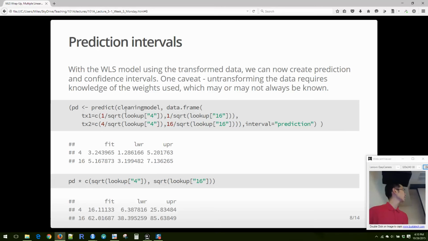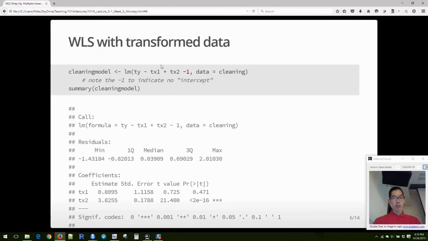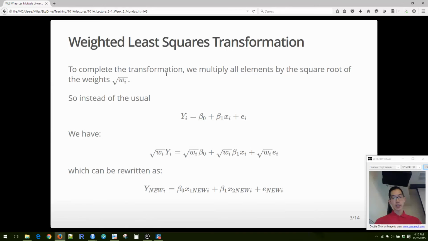So notice, the prediction interval is kind of complicated to look up. Looking at this, to get a y in our model, we require an x1 and an x2. Okay, so x1, if we go back, is the square root of the weight, and then x2 is the square root of the weight times our x variable.